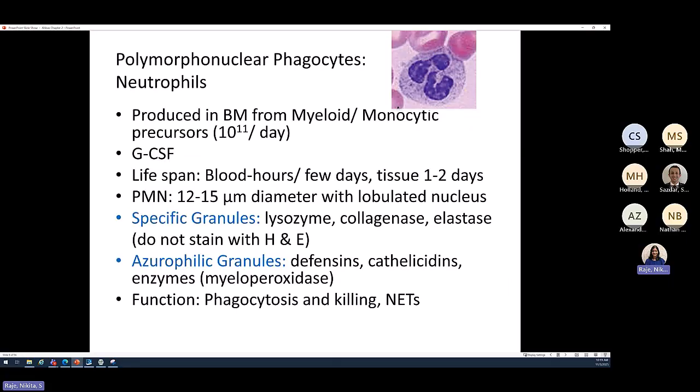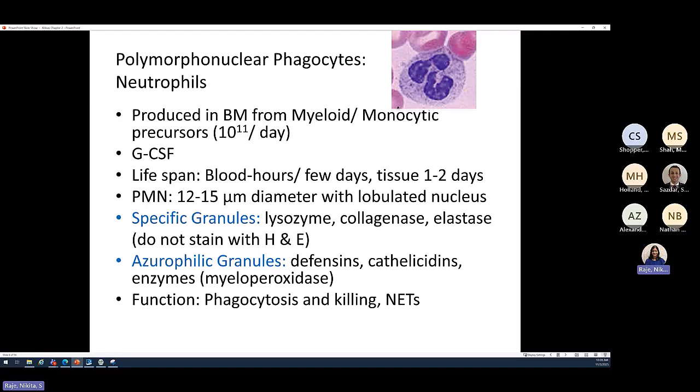These are also known as PMNs or polymorphonuclear phagocytes. As we know, these are produced in the bone marrow from myeloid monocytic precursors, under the influence of GCSF, granulocytic CSF. Their lifespan is very short, a few hours to a few days, and when they enter the tissue, they die within 1 to 2 days.